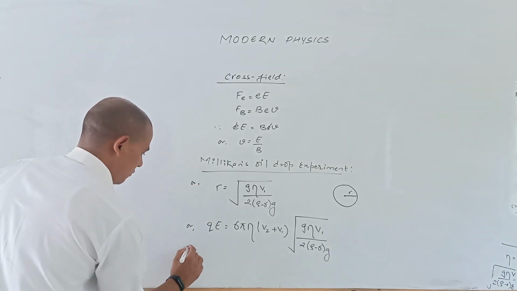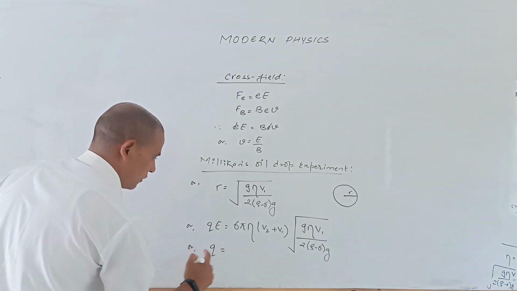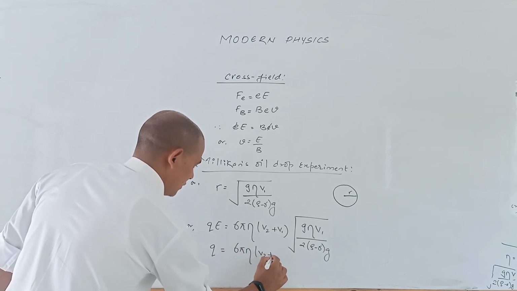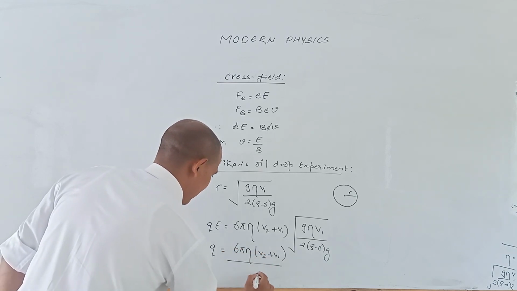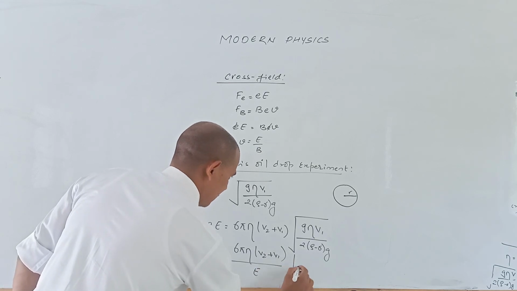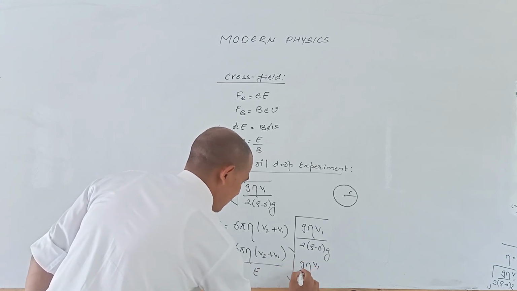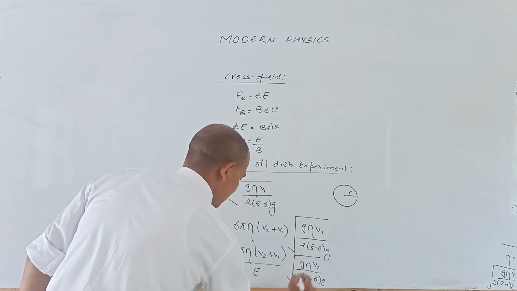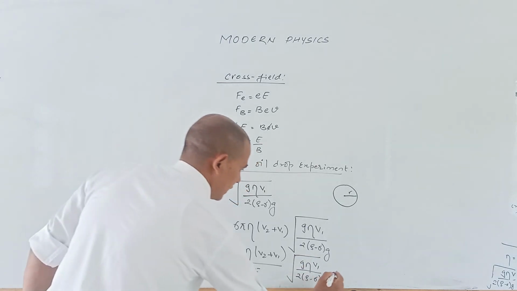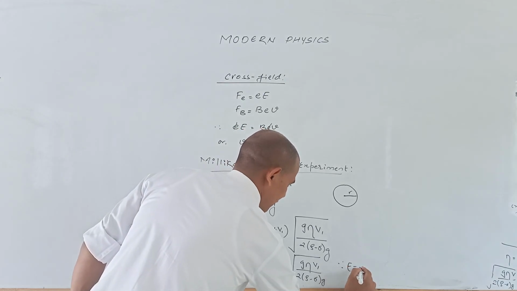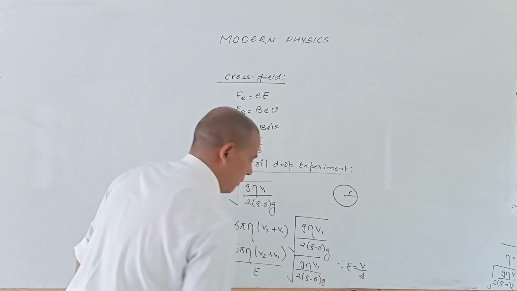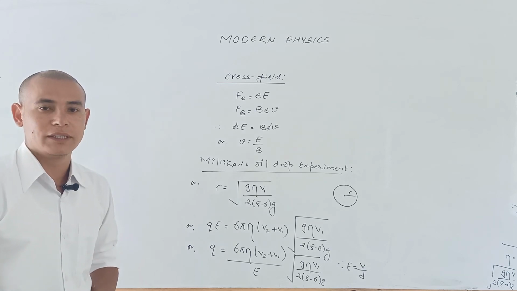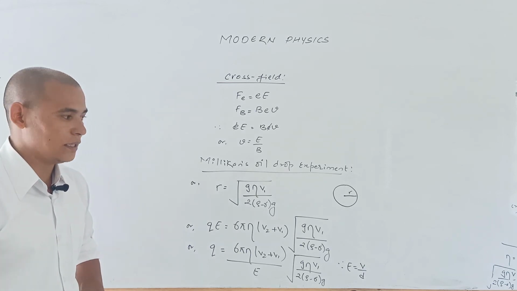From this formula we can find the charge of an electron. So q will be 6 pi eta r (v2 plus v1) divided by E, with r as 9 eta v1 by 2 rho minus sigma g under the root, and we can replace this E by potential V by d. These are the formulas that we will be discussing in this chapter, electron.